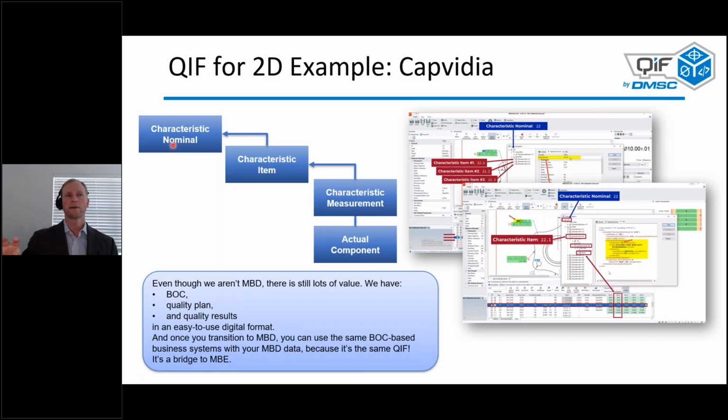So once you start building your processes around this type of structure, as you transition to MBD, you don't necessarily need to buy a completely different new tool set. A lot of the tools and processes that you put in place, you can continue to use in an MBE environment, having a single tool set for all environments. So in addition to the benefits you get directly from it, starting to adopt this approach is actually a nice bridge towards model-based definition as well.